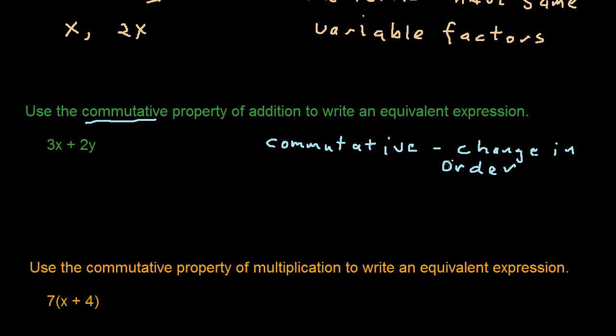For example, if we wrote down 2 plus 3, that's equivalent to just changing the order and writing 3 plus 2. As you can see, 2 plus 3 is 5, and 3 plus 2 is 5.